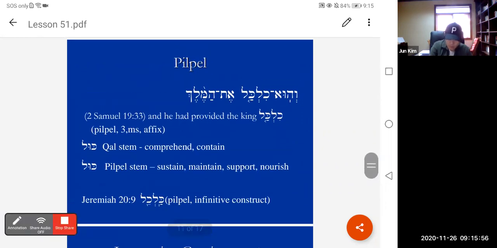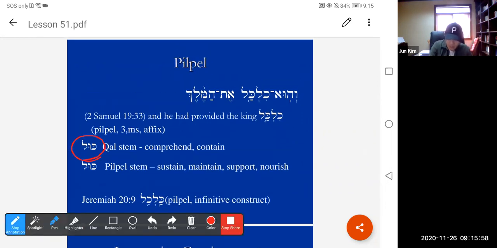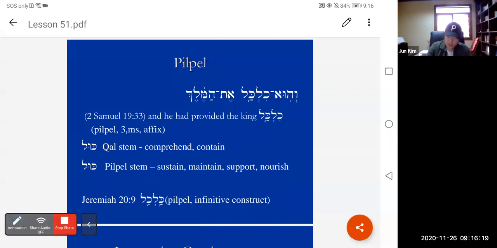And then even it can be used as a pilpel stem. So now another interesting thing is even this hollow verb can be used together with pilpel in the pilpel stem. So it's not only germinative but also hollow verb, but I think it's quite rare. But anyway, that's it.